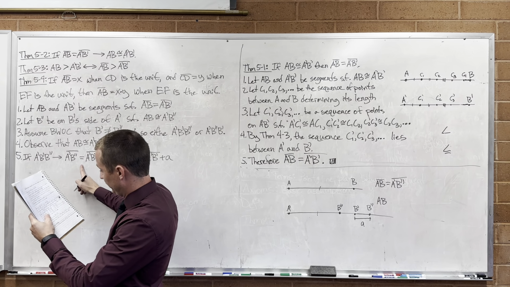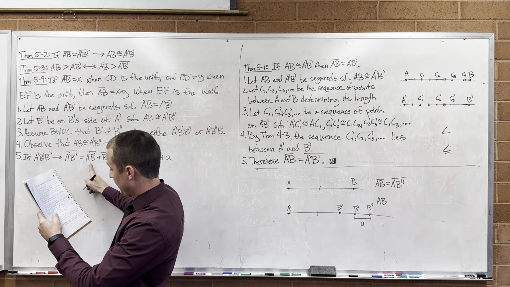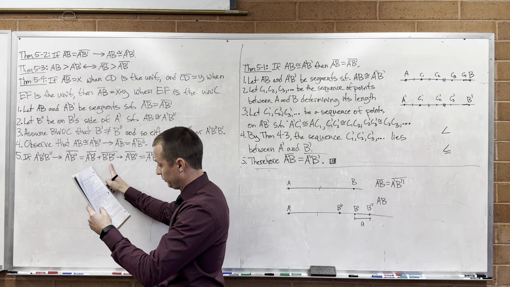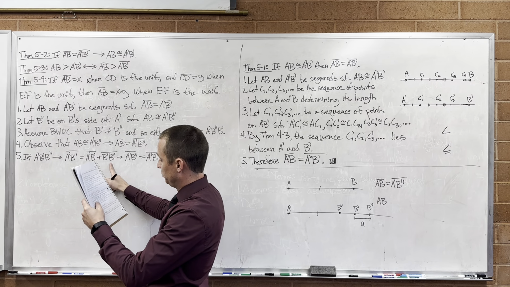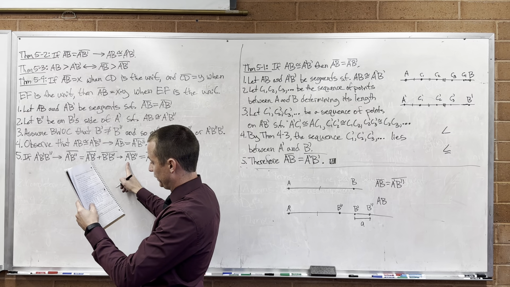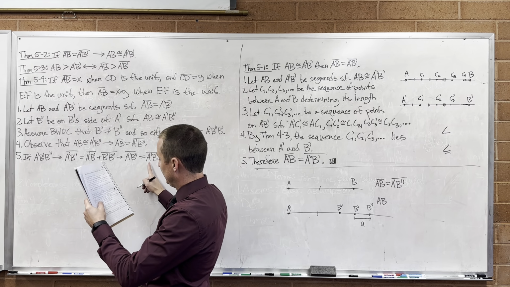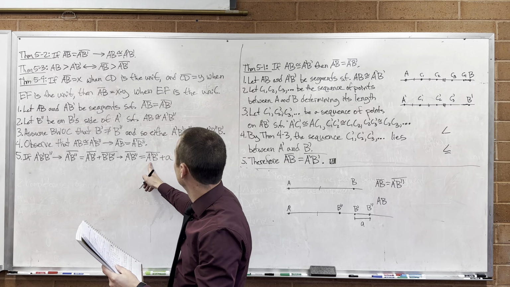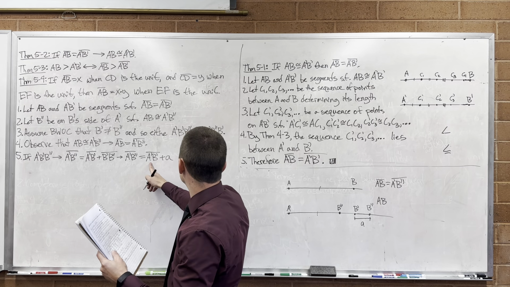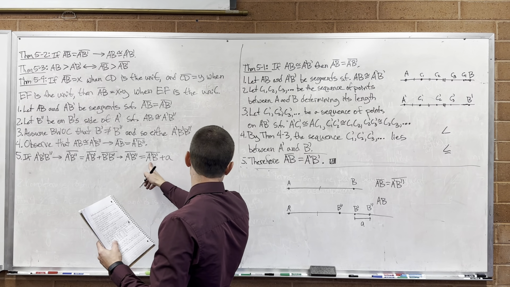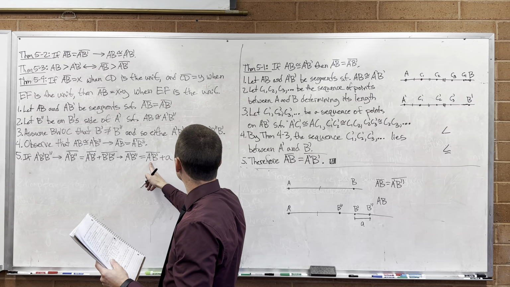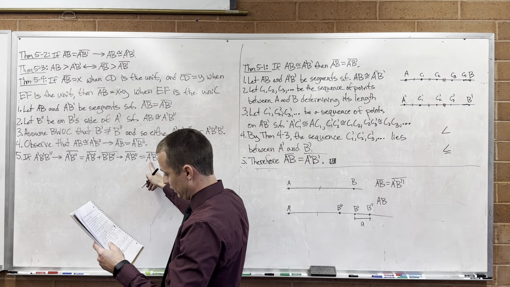A prime B double prime is equal to the length of A prime B prime plus B prime B double prime. Right. That gives me that A prime B double prime is equal to the length of AB. Why did I do AB rather than A prime B prime? I did AB on my paper.